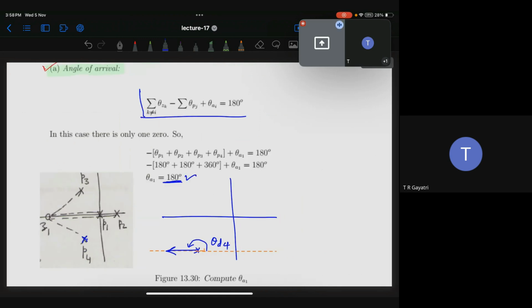The arrival angle works the same way. What we do is draw the vectors from all the poles to the zero, and again you find the angles.